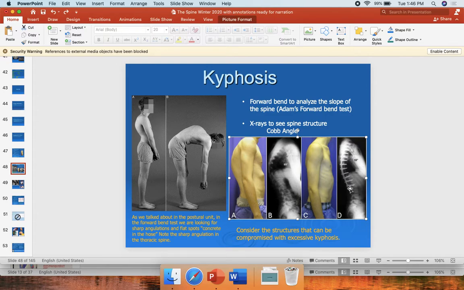I want you to just pause for a moment and appreciate the amount of life-changing circumstances that are going to exist if someone chooses to undergo this type of procedure. You're going to take away all of the motion through these vertebrae that have been fused. You're going to limit rotation.